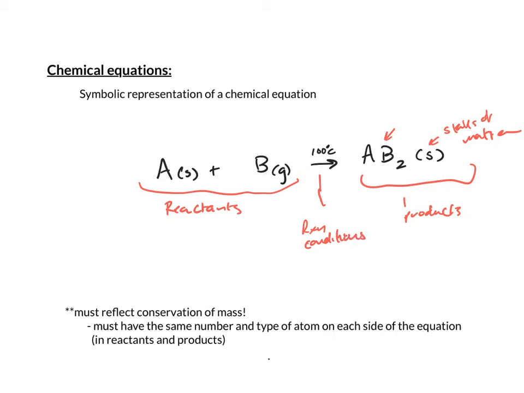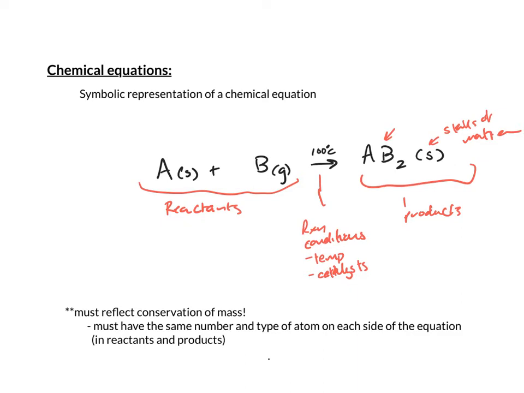For example, if a reaction needs to happen at a particular temperature, we can have catalysts here. Any other kind of conditions that are necessary for the reaction to proceed would be written above or below the arrow.